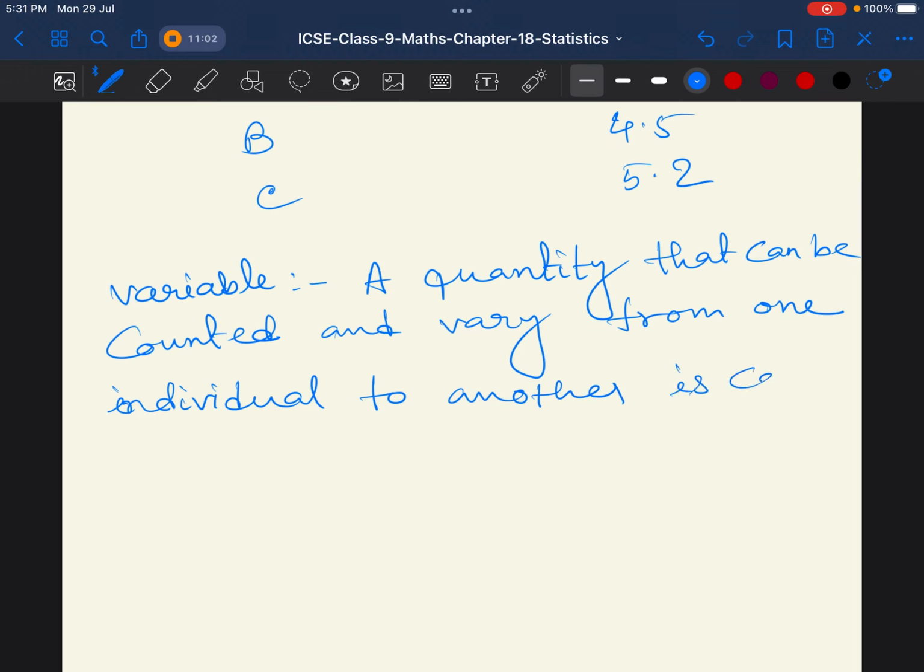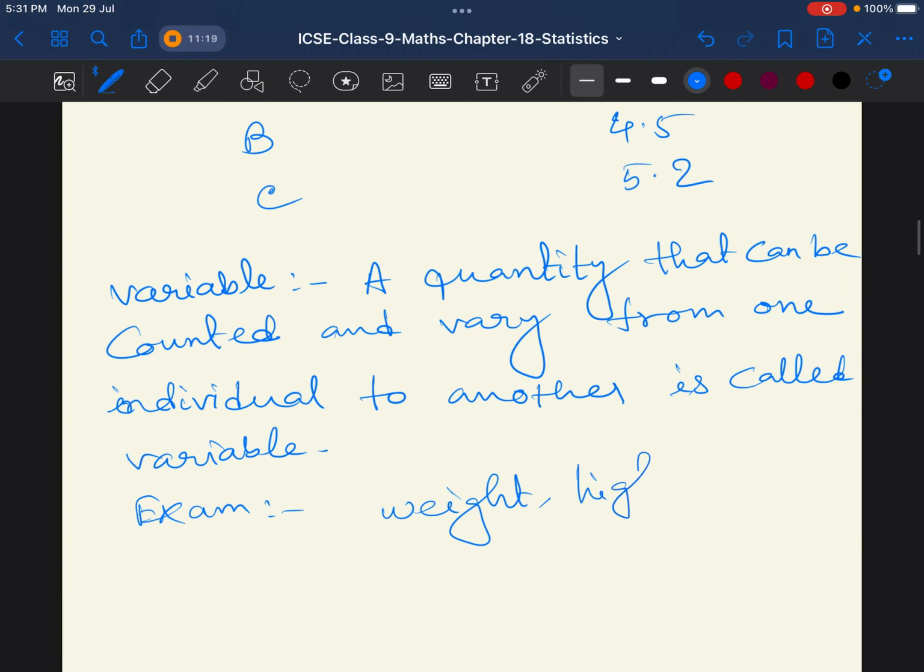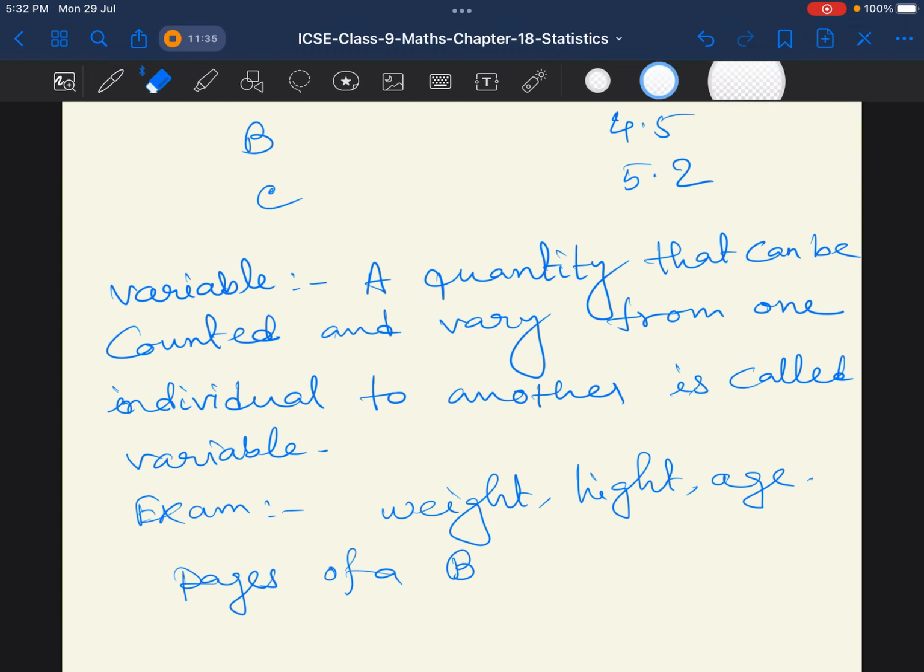Some examples: weight, height, age, pages of a book. These are variables.